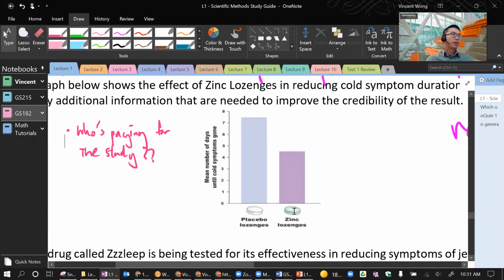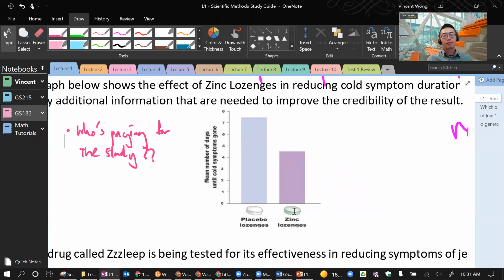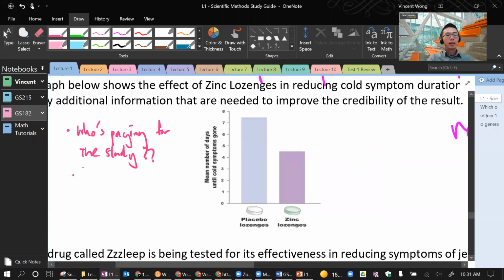Is it funded by public health? Is there a financial conflict of interest here? Okay, so we want to know that. We also want to know things like sample size, right? It didn't say how many people were involved. Was it just like 4 people, 5 people? Even 100 people might not be enough, right?